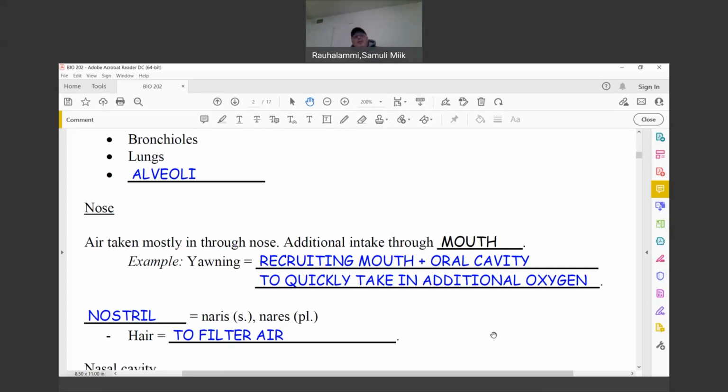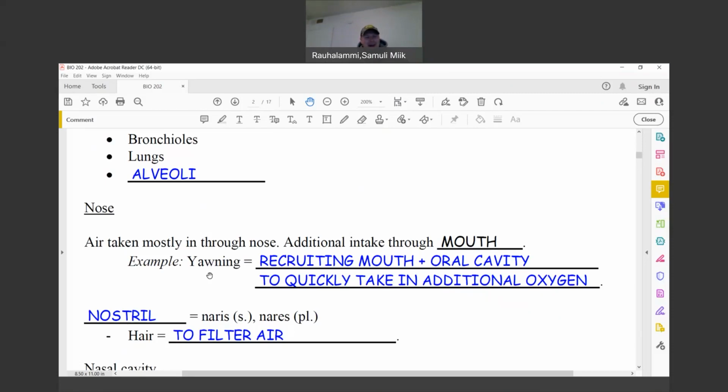A good example of that I shared in the class was yawning. So if a student yawns in my class, I don't get upset and think that, oh, they're just bored. I think of the physiology behind it. So yawning is really your body's response to lowered oxygen levels. And is there a better or quicker way to get a lot of oxygen into the body than opening your mouth as wide as possible and taking that big yawn?